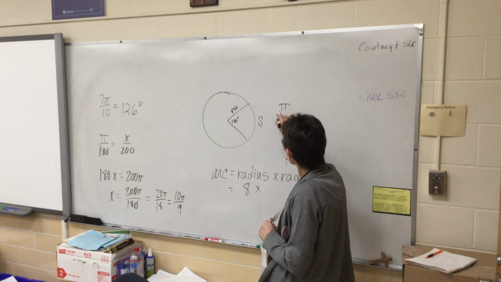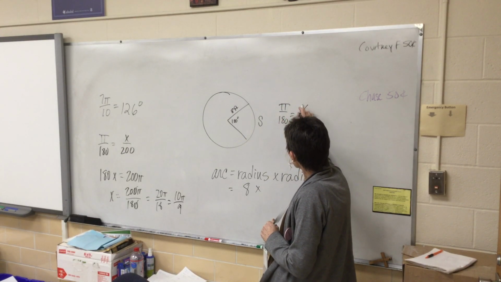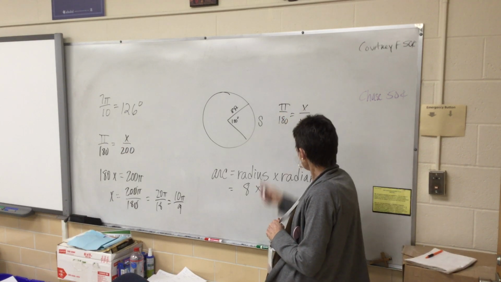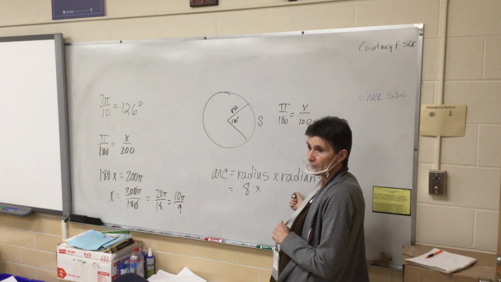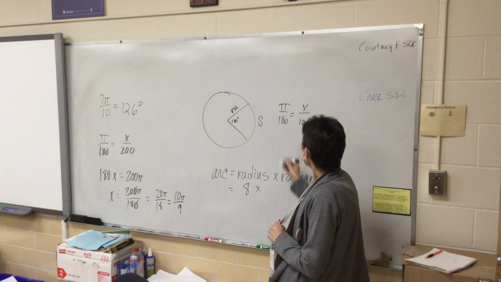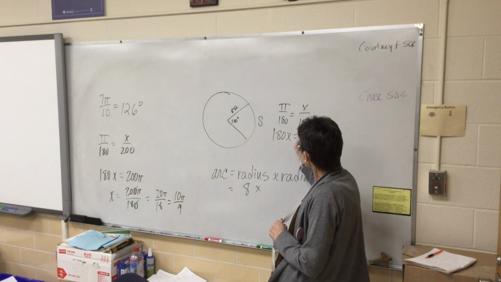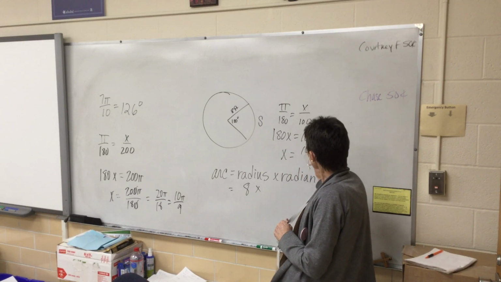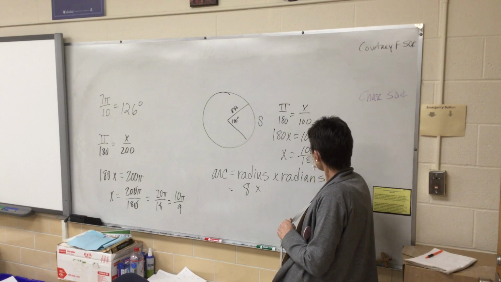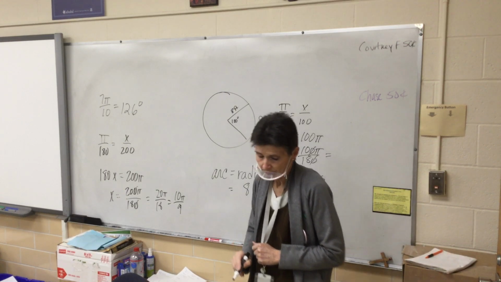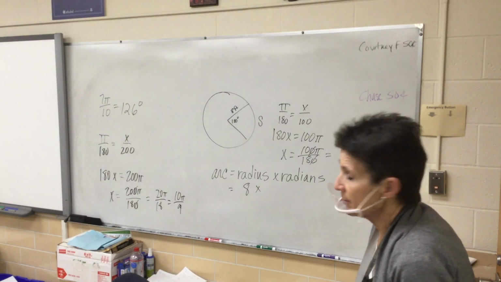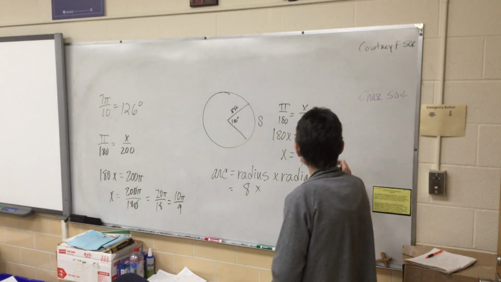So pi over 180 equals what over 100? That what is what's going to go here. So 180x equals 100 pi. And this time I have 100 over 180. So the zeros cancel. 10 over 18 would be 5 over 9.